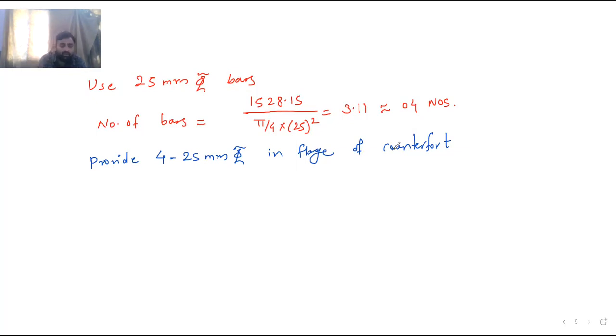So now next is the vertical ties. Next is the design of vertical ties. We are going to provide vertical ties. So for vertical ties, consider 1 meter height of counterfort.